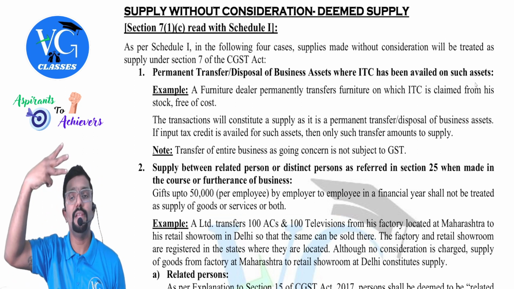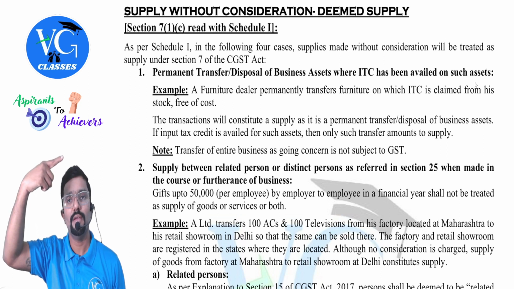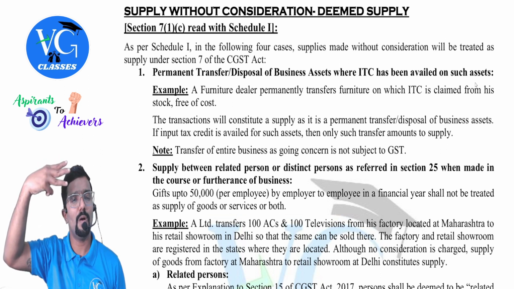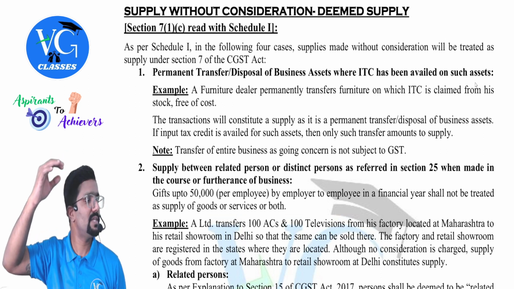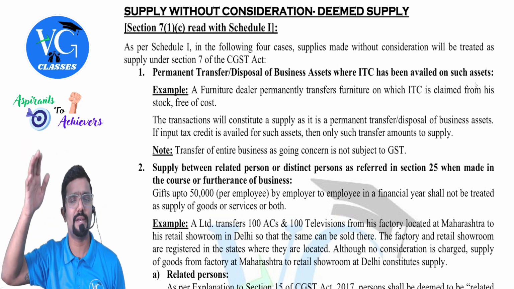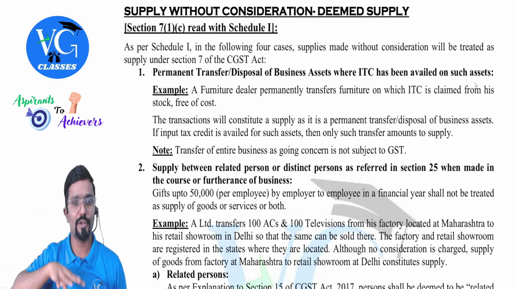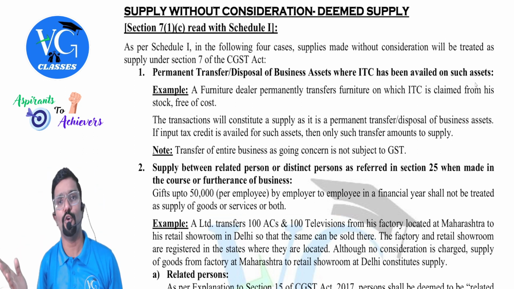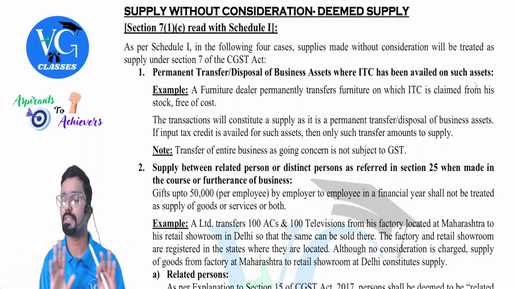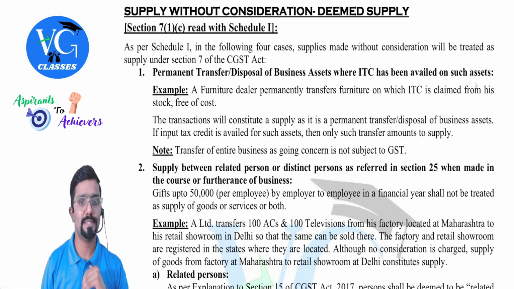We have already seen 3 sections, 7(1)(a), (aa), (b). All 3 places mentioned consideration is a must. Whereas 7(1)(c) told, even without consideration, we will treat it as supply, but only for these 4. Anything outside these 4, without consideration, is not a supply, guys.